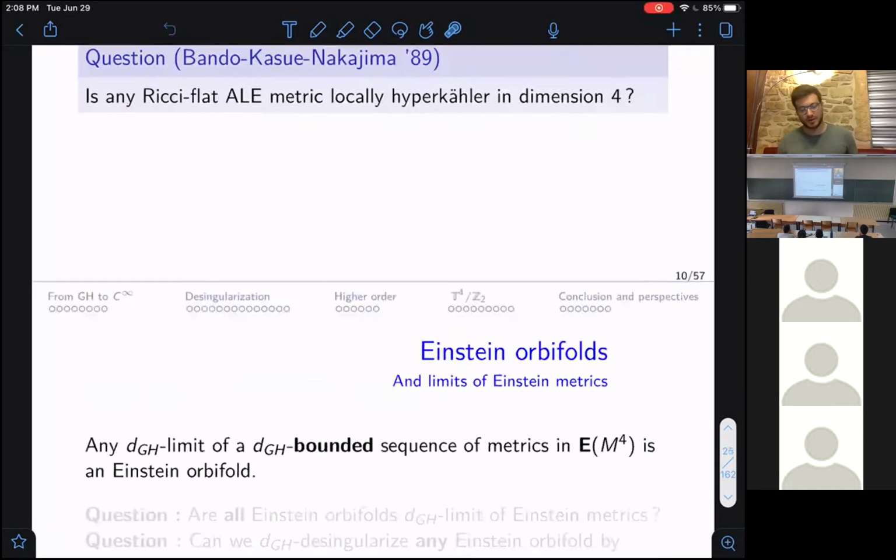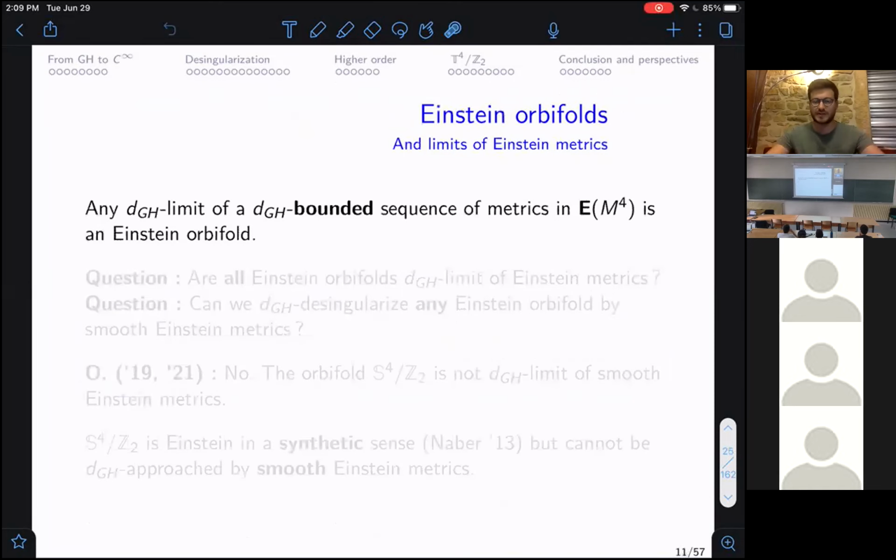Okay, so now I'm just going to give you a list of questions and answers, to give a plan for the rest of the talk. What we've seen so far is that a bounded limit of Einstein metrics is an Einstein orbifold.